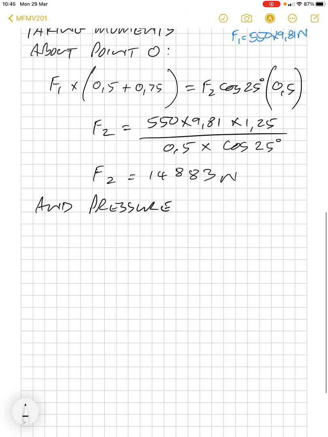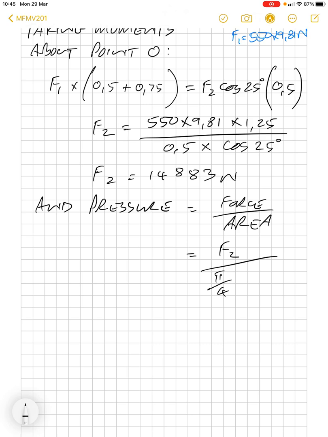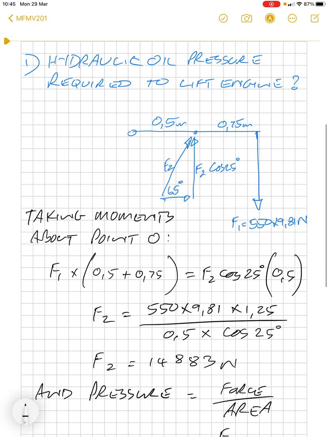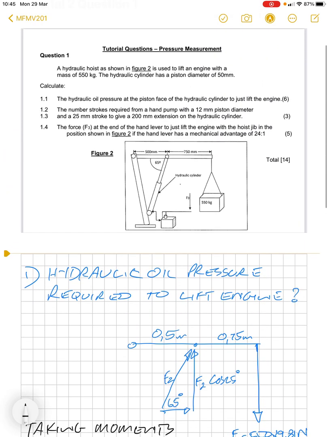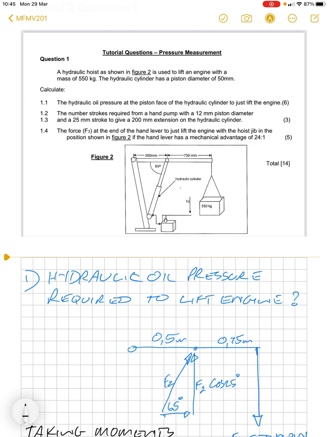To calculate the pressure, we know that pressure is force over area, and we have the force that's being exerted by the cylinder. The cross-sectional area of the cylinder is pi over 4 d squared, and we're told that the diameter of the cylinder is 50 millimeters.